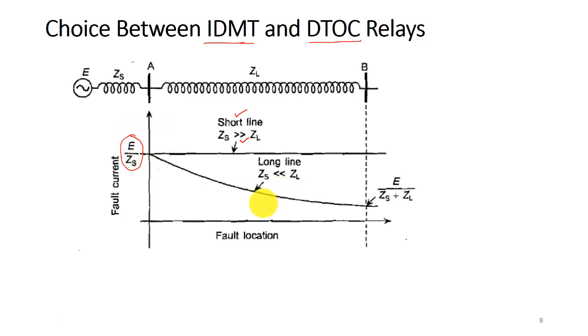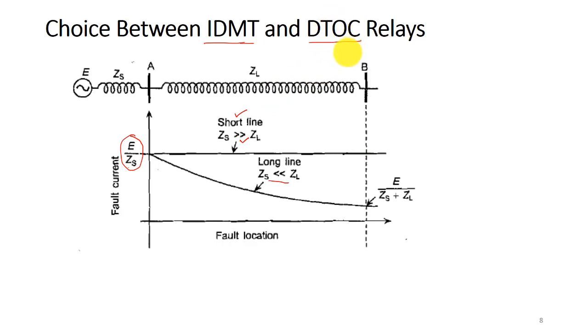For a long line, where ZS is very much less than ZL, it reduces gradually. So when the fault current remains constant in the line throughout the length, then we can choose the DTOC, definite time over current relay.